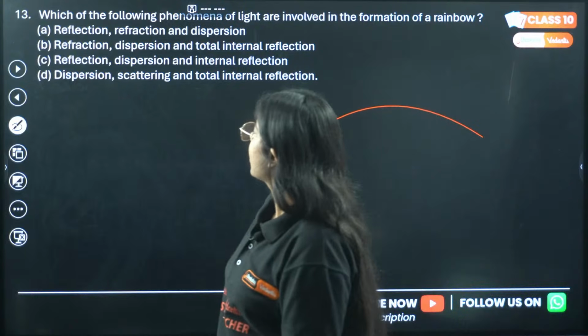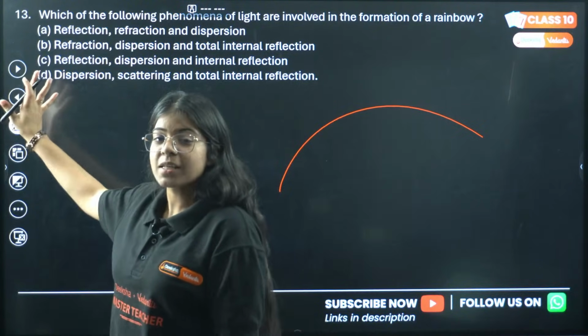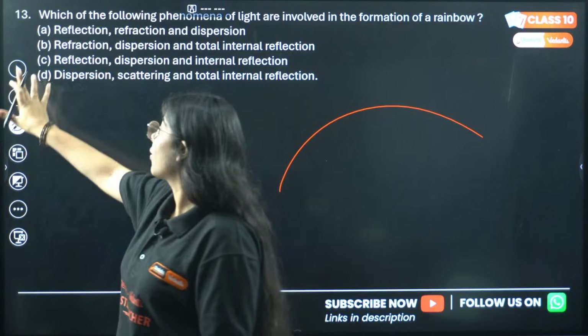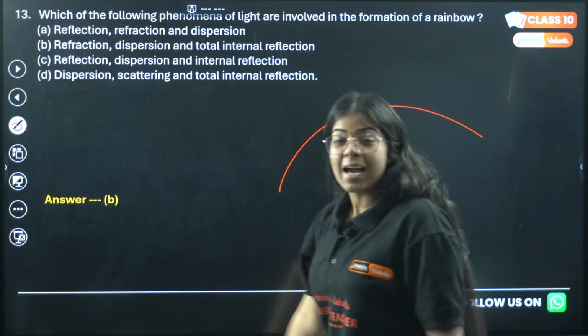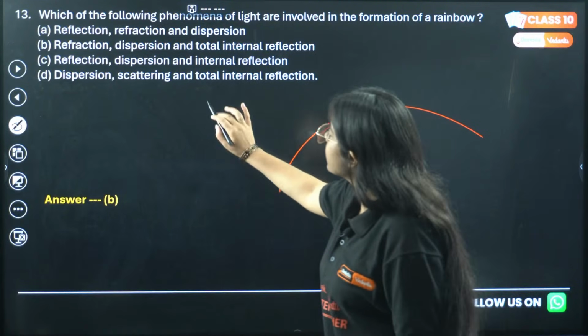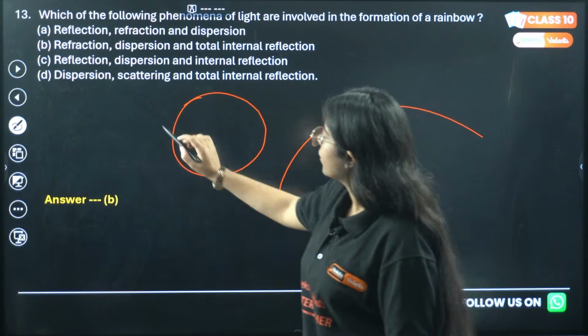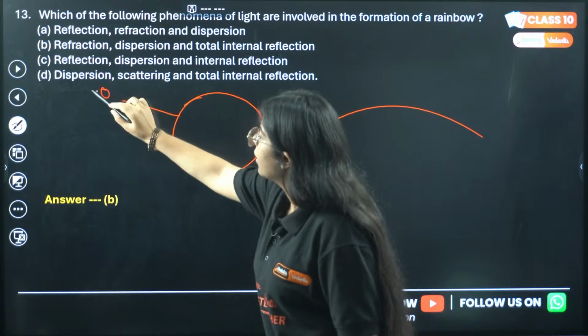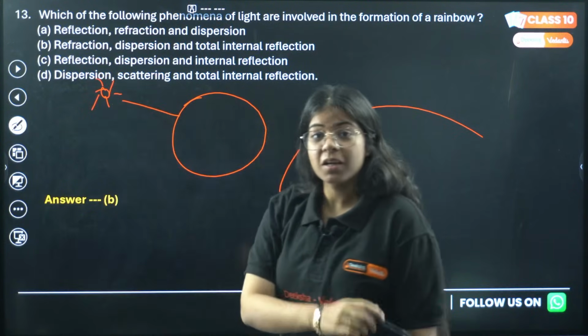Hi, Alicia. Okay, let's see the answer. Is it B or is it C? The answer is actually B. This is my water droplet. The ray from the sun, the water droplet is actually bigger than the sun.